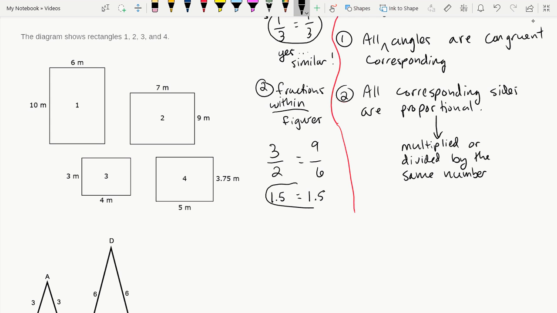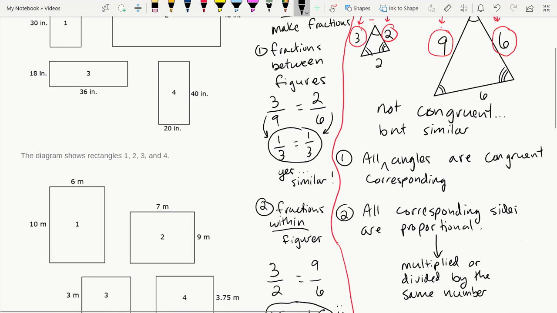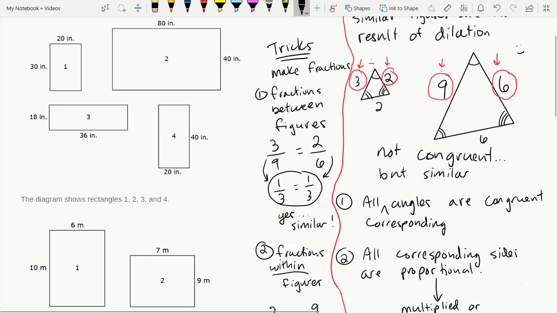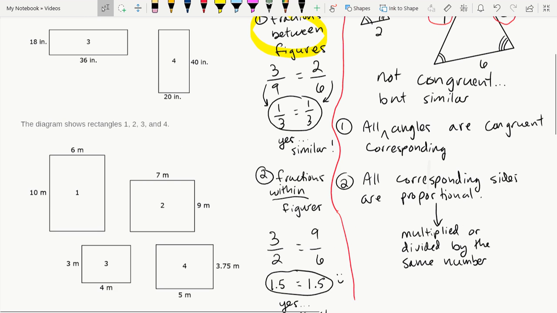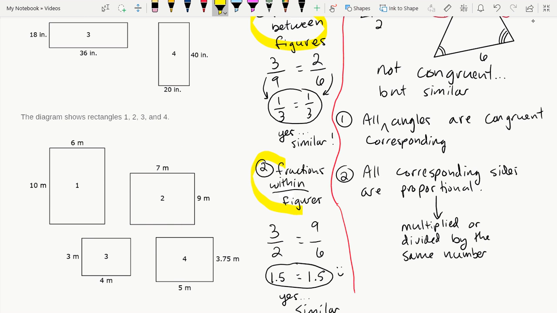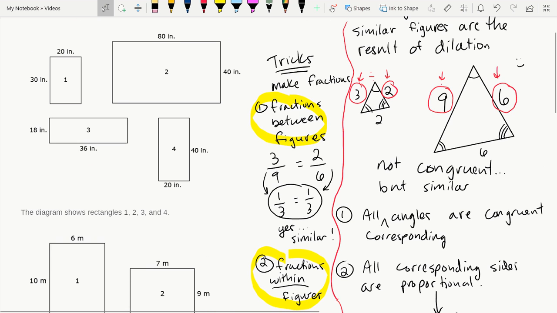That checks out, so yes, they're similar. I can use either of those two tricks to make sure my sides are proportional: fractions between figures, or fractions within figures. Don't try to mix and match. If you're going to do between, you have to do it for both your fractions.